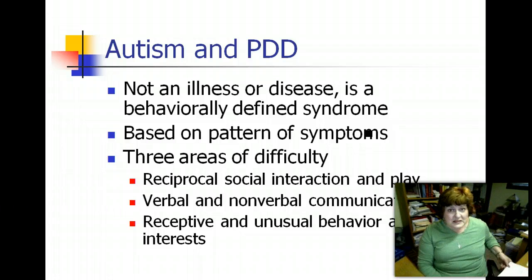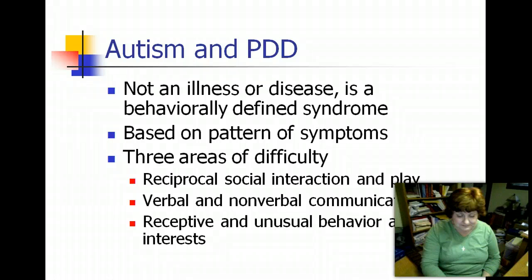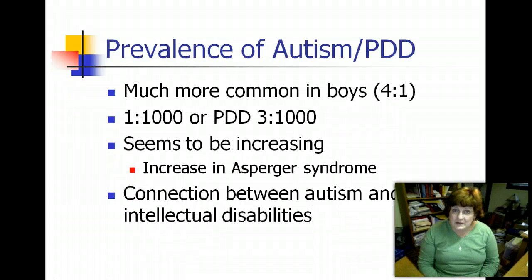It's much more common in boys, 4 to 1 more common in boys than females. As far as the autism-like disorders, the birth rate is 1 in 1,000 for autism and 3 in 1,000 for pervasive developmental delay.